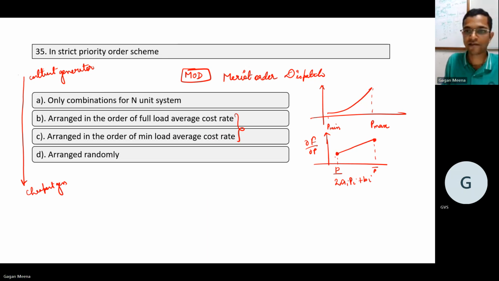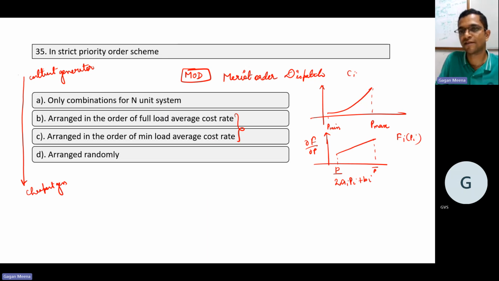So we take the full load average cost rate. First we take this full load value and calculate Fi(Pi), the cost function.